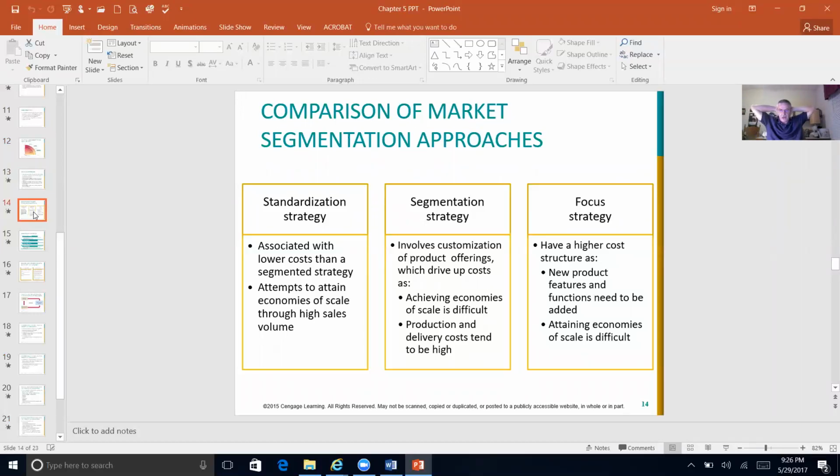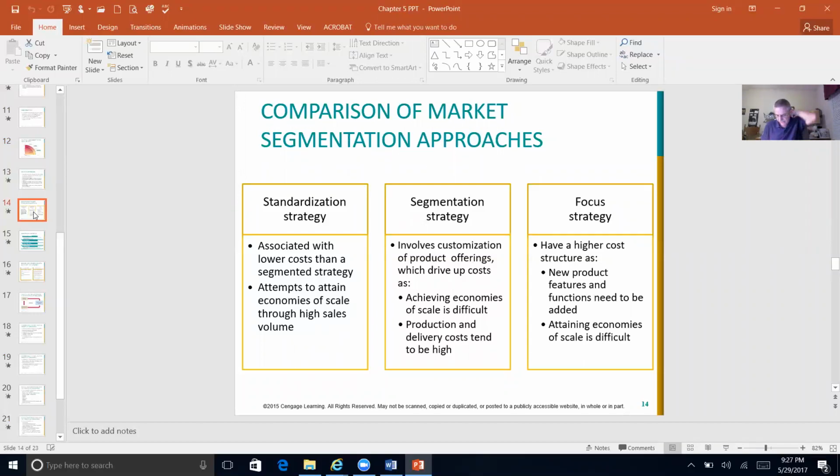If you think about Whole Foods when it comes to organic foods, Starbucks and their coffee offerings, or some of the auto industry who only offers luxury automobiles, they are really focusing their strategy. Or if you think about sports cars like a Porsche or Lamborghini, those high-end sports cars are really aimed at a niche market, not the average customer.